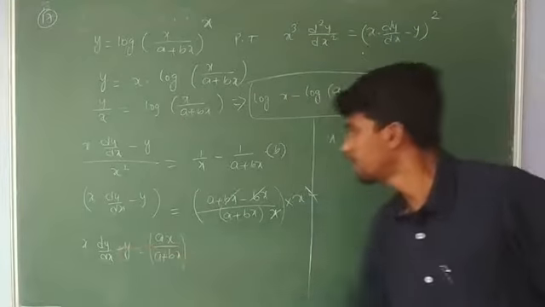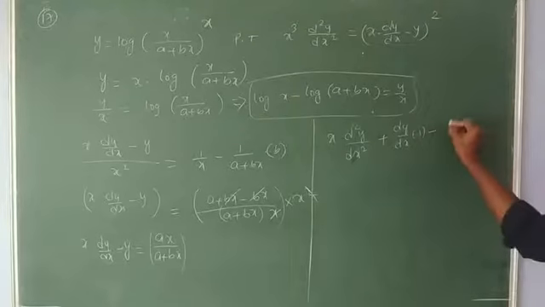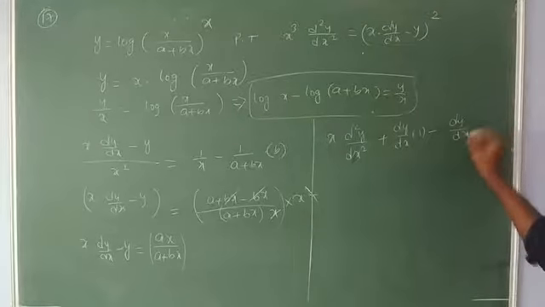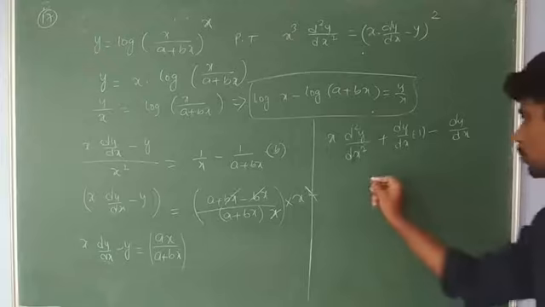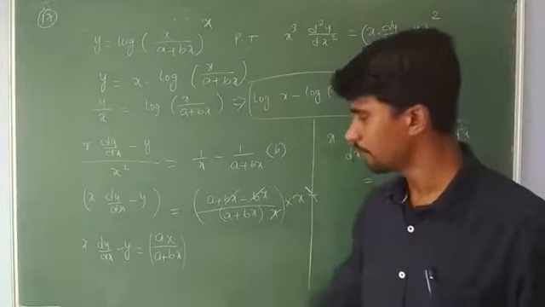Now derivative of y with respect to x, minus dy by dx, which is equal to, second you see this is in form u by v.